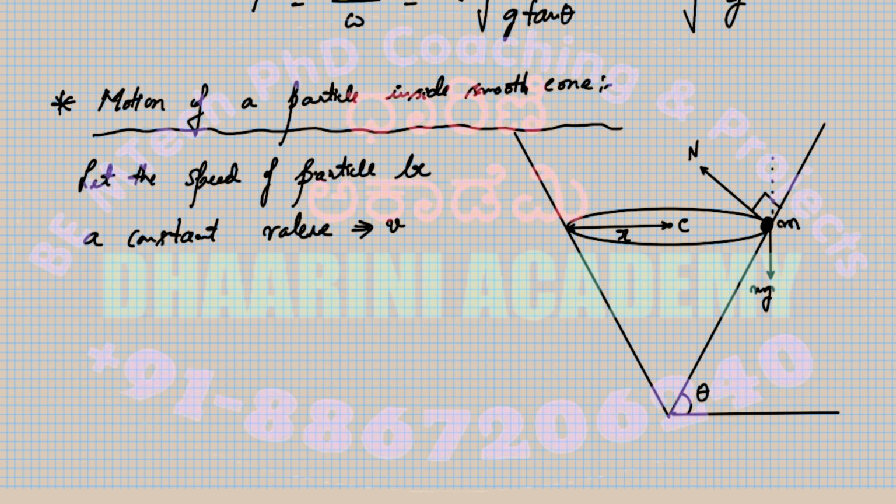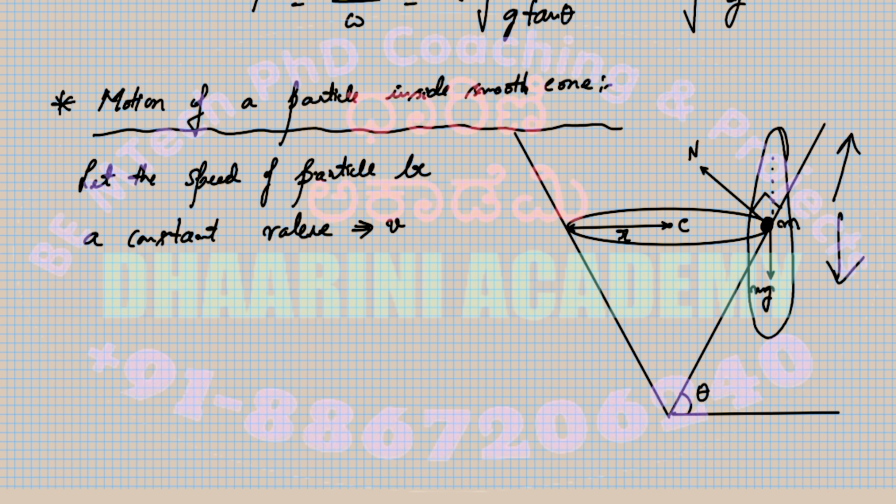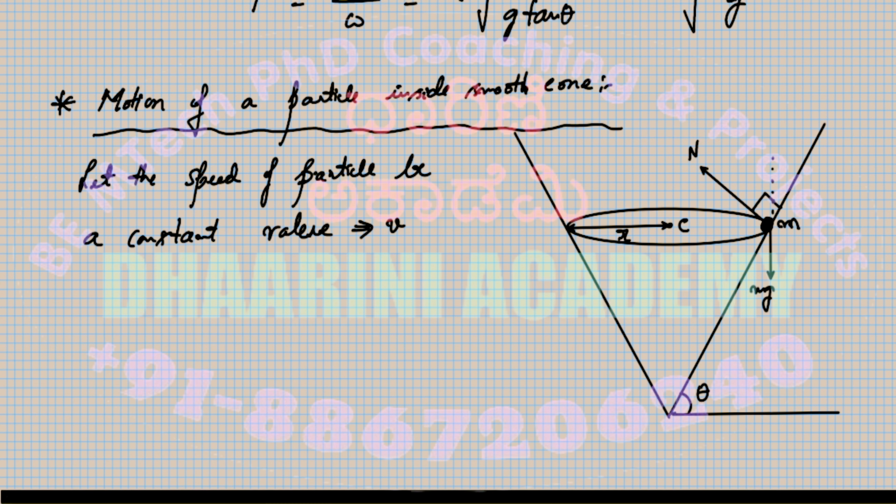So the vertical tangential direction total force should be 0. Tangential vertical means this direction. Whatever force upwards should be matched with the downwards force. That's my first point that I need to apply. What is the vertical force that is going upwards? Downwards is straightforward, it is m into g. What is the force upwards?